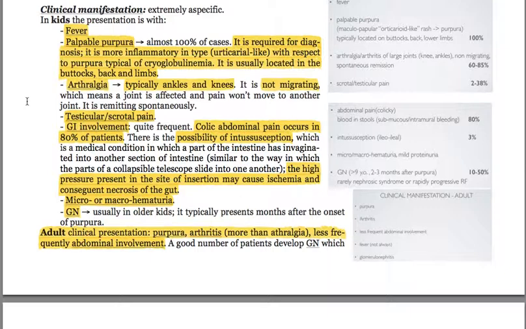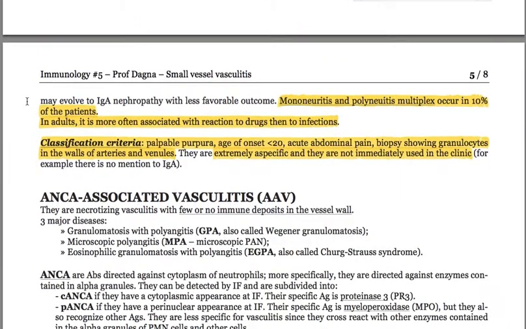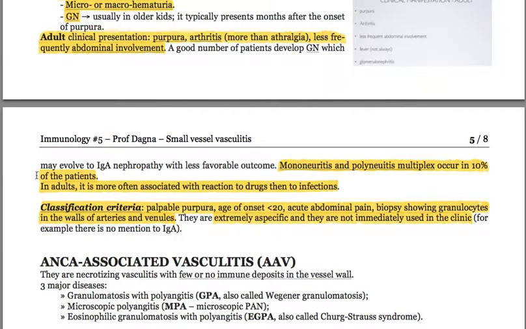It typically presents months after the onset of purpura. In adults, the clinical presentation is with purpura, arthritis more than arthralgia, less frequently abdominal involvement. A good number of patients develop glomerulonephritis, which may evolve to IgA nephropathy with less favorable outcome.